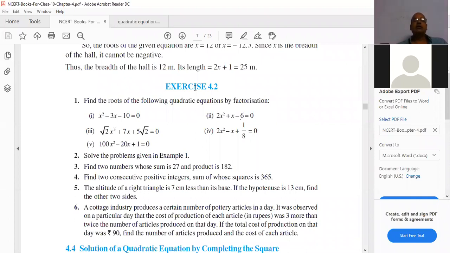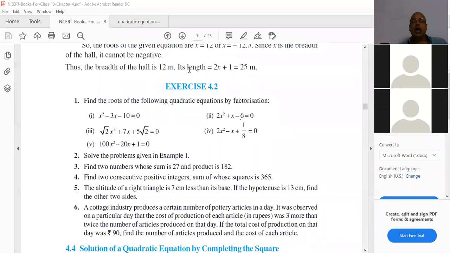Tell me, how can we suppose two consecutive positive integers? Let one number be x.